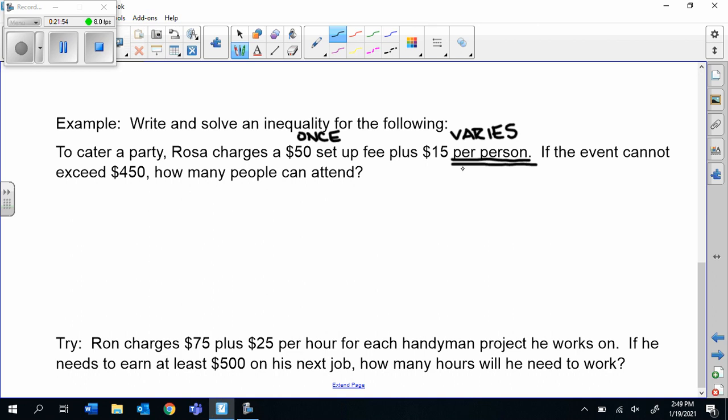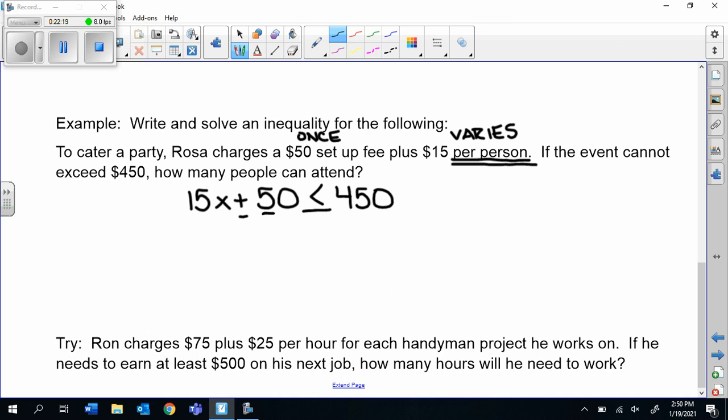So this is where the variable is going to go: varies, variable. So 15x plus the $50 one-time setup fee. The event cannot exceed 450, so it has to be less than or equal to 450. How many people can attend?